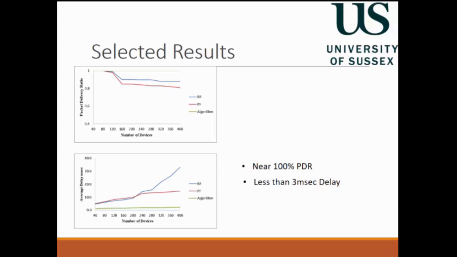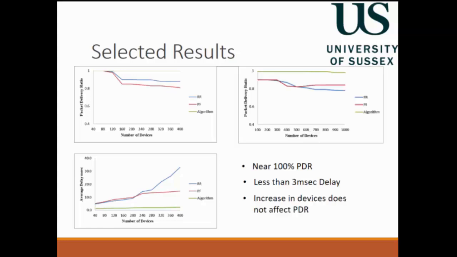We also measured the delay, which is really important for some of these applications, because in this application we look at smart metering, but it can also accommodate some time-critical applications because the maximum delay we received is less than 3 milliseconds, which is good.